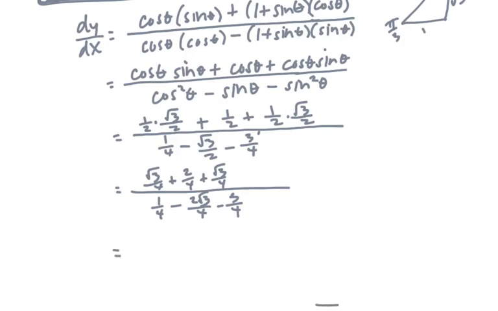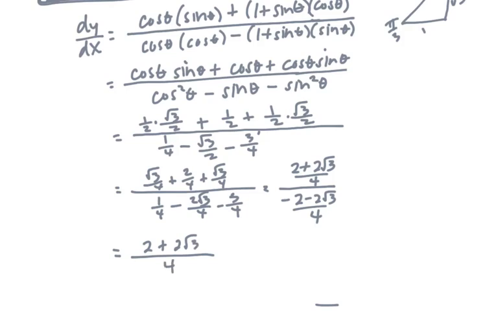So the top fraction is 2 plus 2 square root of 3 all over 4. And the bottom fraction is 1 minus 3 is negative 2 minus 2 square root of 3 over 4. So we're going to divide fractions. We have 2 plus 2 square root of 3 over 4 times 4.